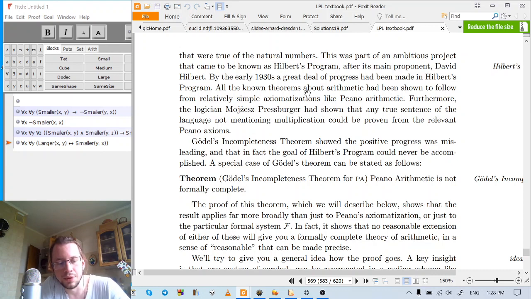Furthermore, the logician Moses Presburger had shown that any true sentence of the language not mentioning multiplication could be proven from the relevant Peano axioms.